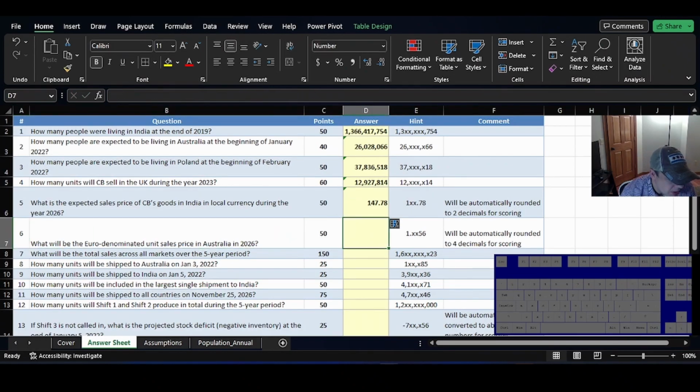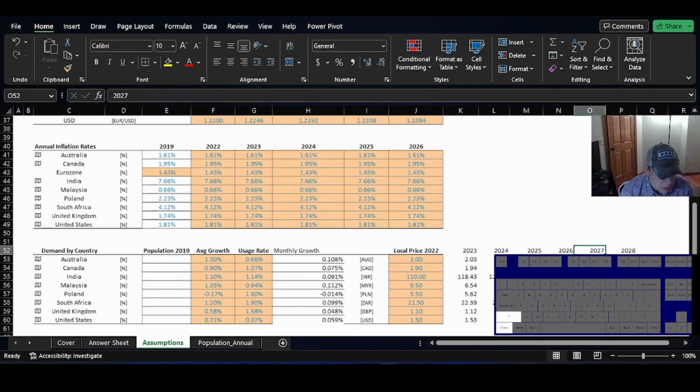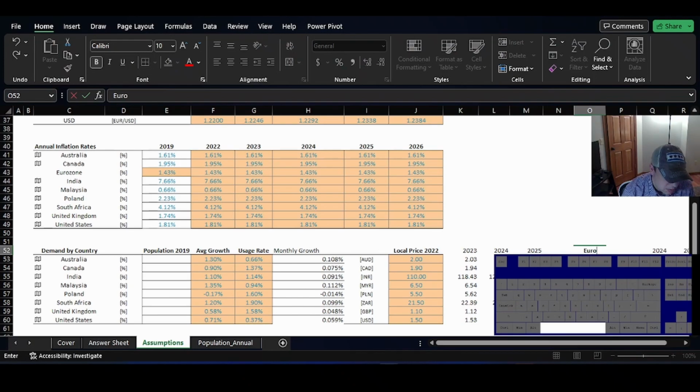What will be the euro-denominated sales price in Australia in 2026? Okay, so again, we're only going out to this. Let's do this. Euro price 2019. Right?